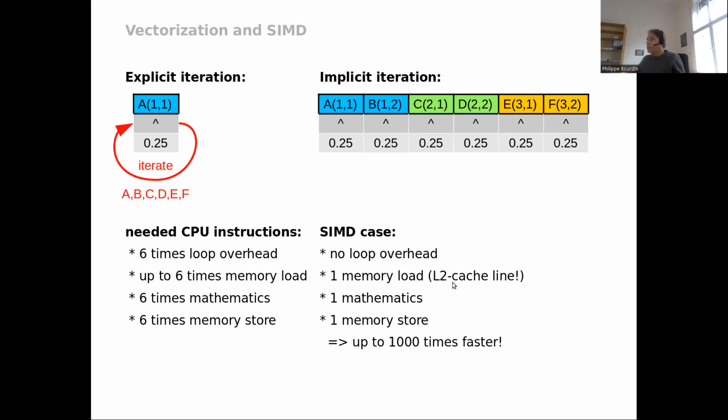If you have it fully in the L2 cache on the CPU, that would be very fast. You have one mathematics operation and you have one store. And that makes this case, if you have large arrays, up to 1,000 times faster. Namely, so many times how much data fits into the cache line, like in the L2 cache, for example.